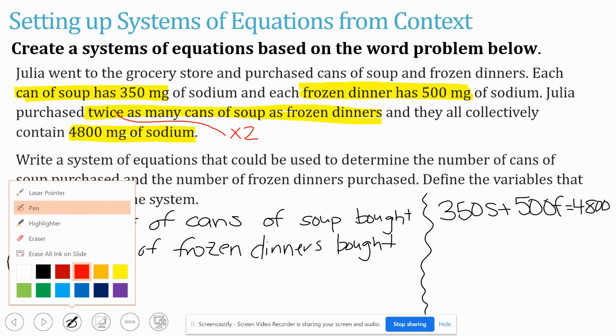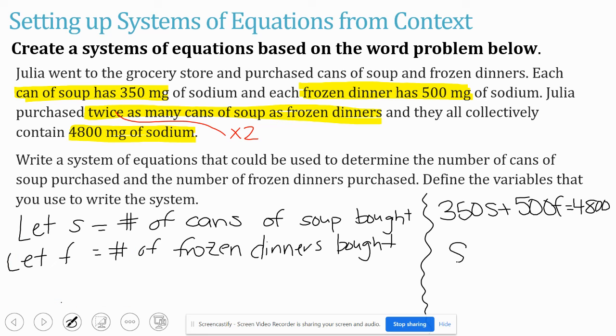Okay, so this is how we're going to set it up. The amount of soup is equal to 2 times the amount of frozen dinners she bought. That's how you set that up. We know that she bought more cans of soup, so that's why we're multiplying the frozen dinners. Okay, and then this is our system of equations.